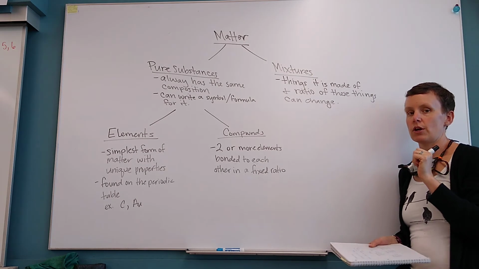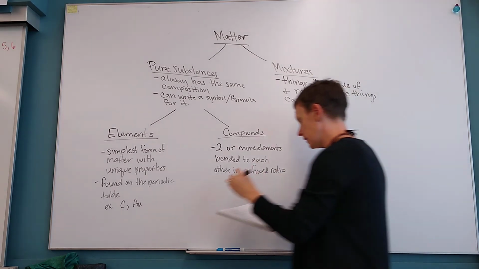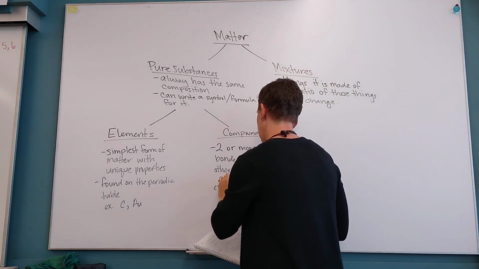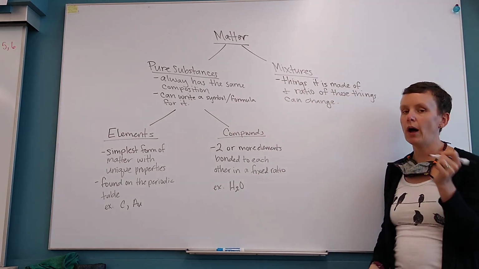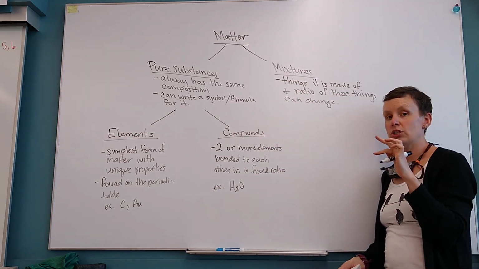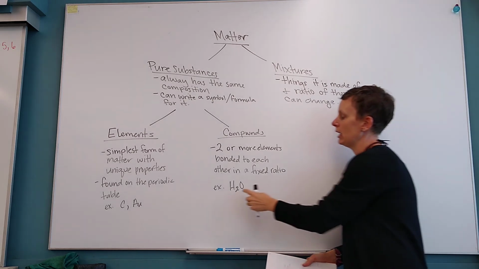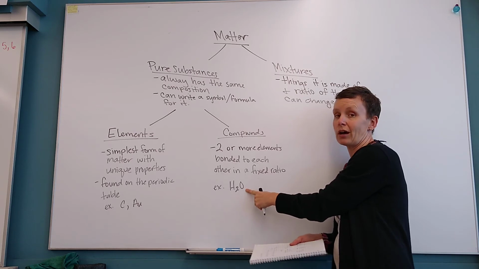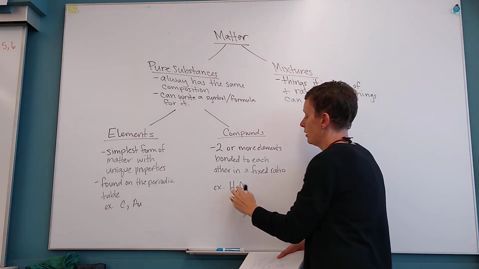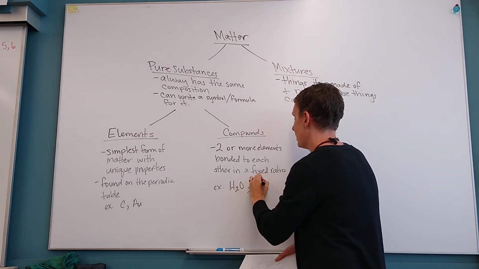Okay, fixed ratio, that's key. So, examples, H2O. Okay, H2O is water. That's a 2-to-1 ratio of hydrogen to oxygen. If I did H2O2, that's a different ratio. It's not water anymore, it's hydrogen peroxide. Okay, so fixed ratio.